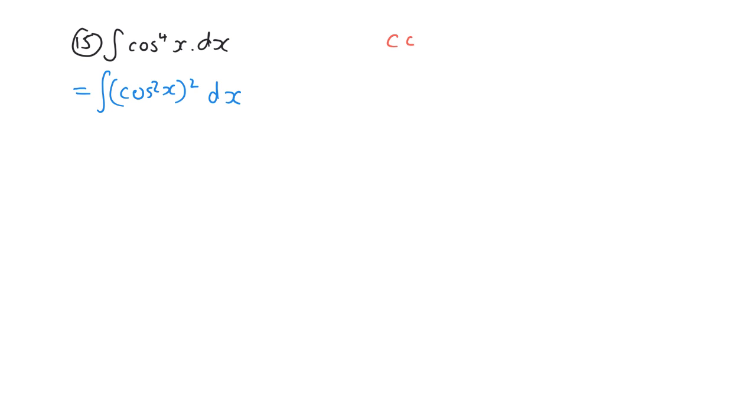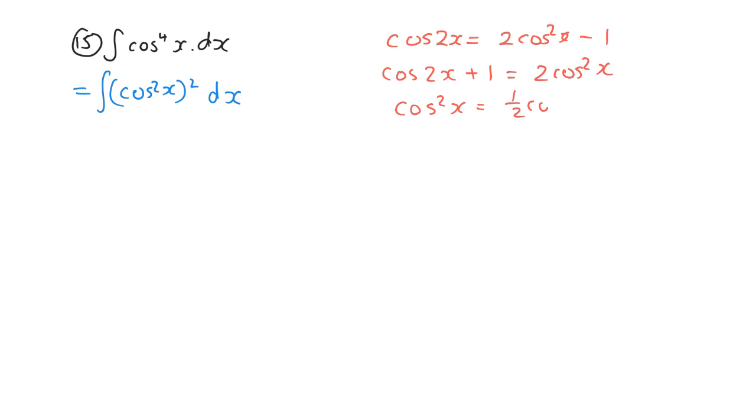So cos 2x is 2 cos squared x minus 1. So cos 2x plus 1 is 2 cos squared x. So we can write cos squared x as a half cos 2x plus a half.